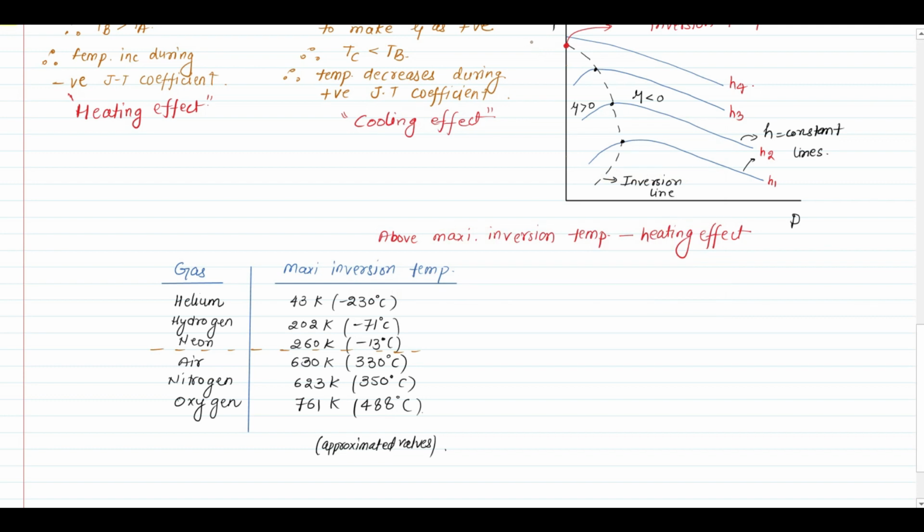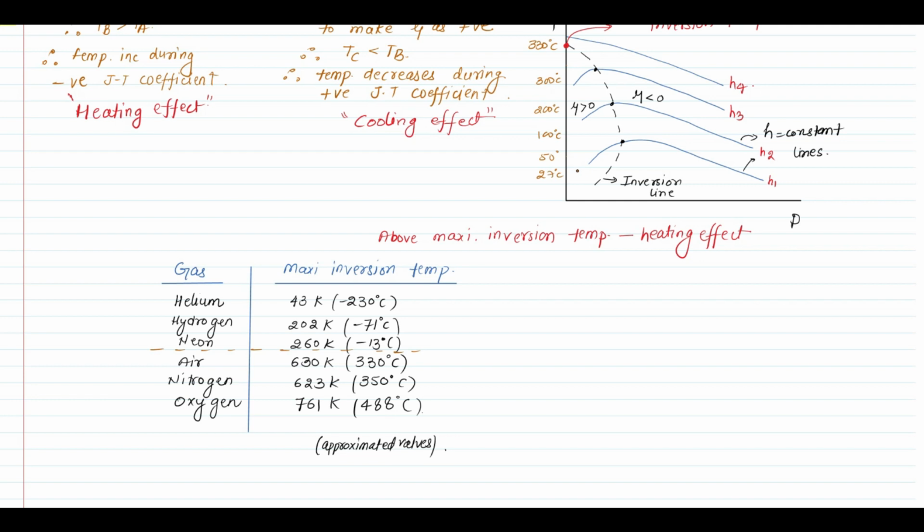Plotting the maximum inversion temperature for air in the diagram, the maximum inversion temperature is 330 degrees centigrade, and below it we are roughly plotting some temperature values.